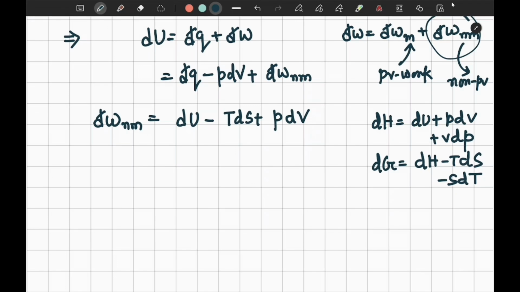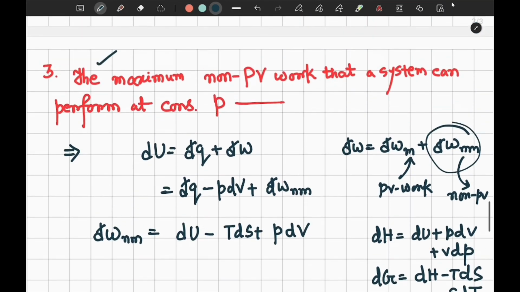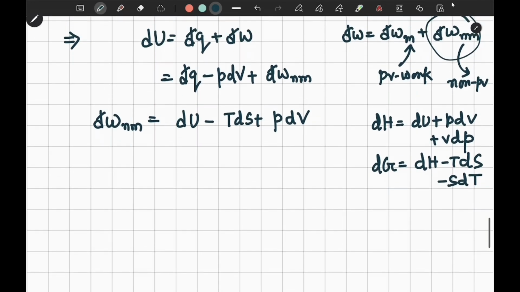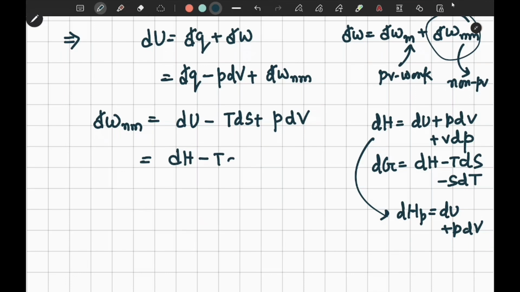So now, because all of these we are considering a constant pressure process, for a constant pressure process you can write dH at constant pressure is eventually dU plus PdV. This is eventually dH minus TdS, because we are considering the constant pressure process only.